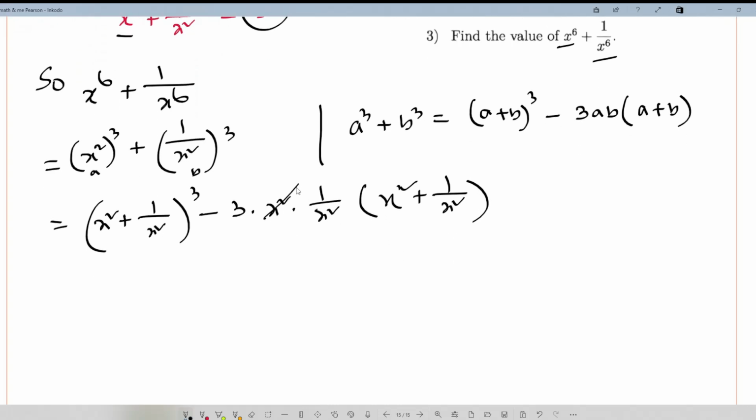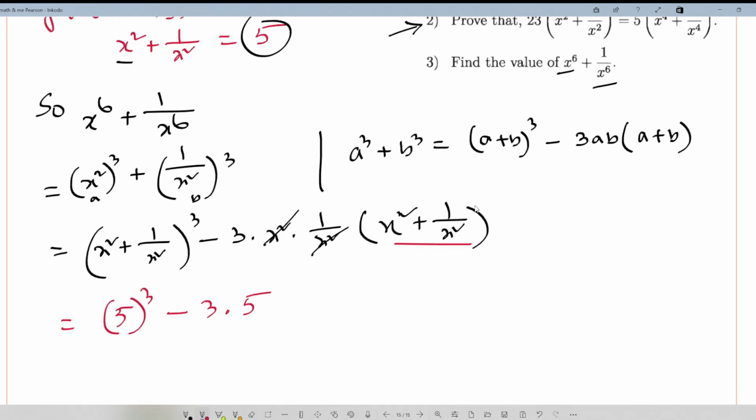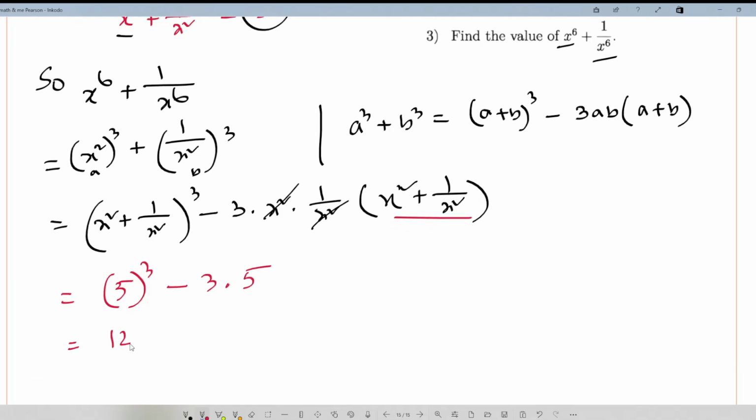Okay, so x square and x square out. x square plus 1 by x square, we already know the value, which is 5. So 5 cube minus 3 times, and this one also 5. So we know 5 cube means 125 minus 15. So what is the value? 125 minus 15, it means 110, and this is our answer.